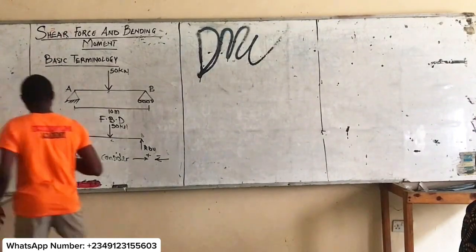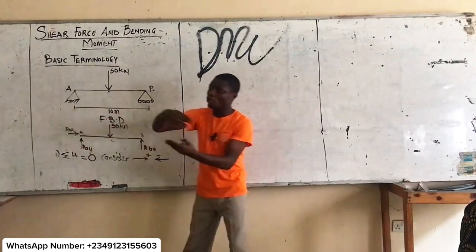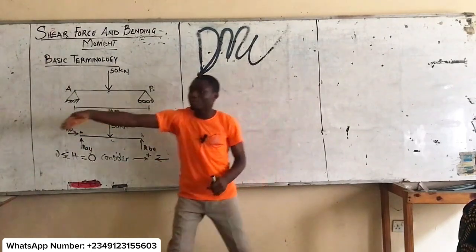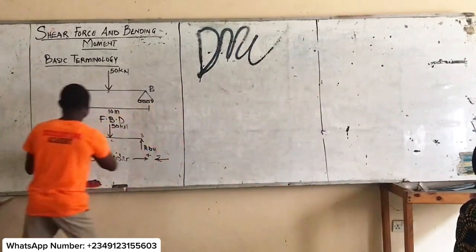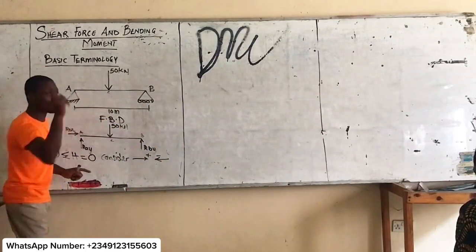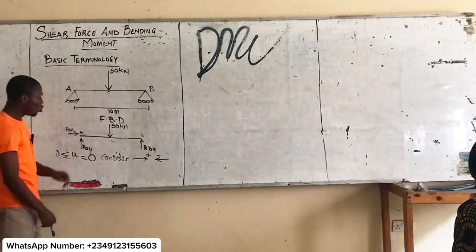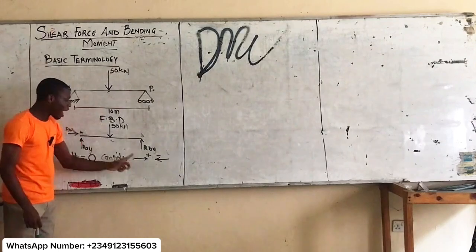I said your first task is to look for summation H, that is the addition of all horizontal components. So consider right as positive and left as negative. Now look at this system here. Which forces act in this sense?